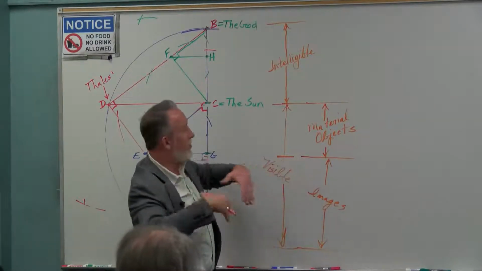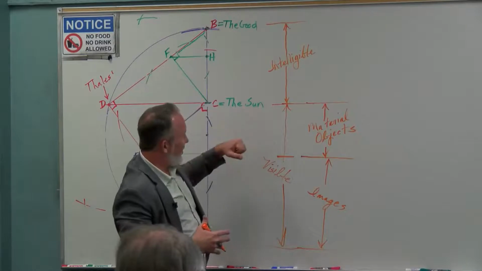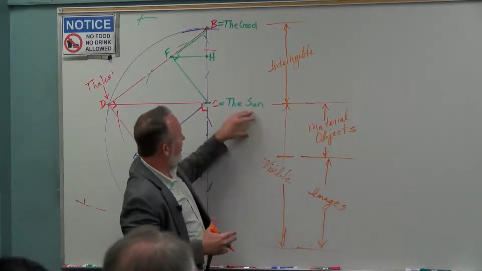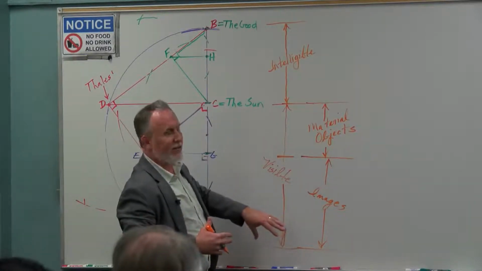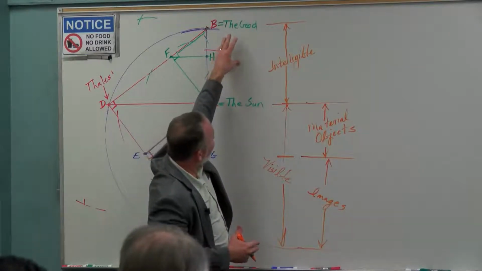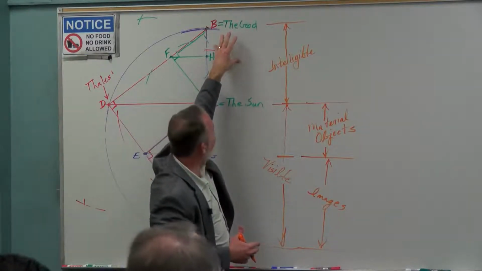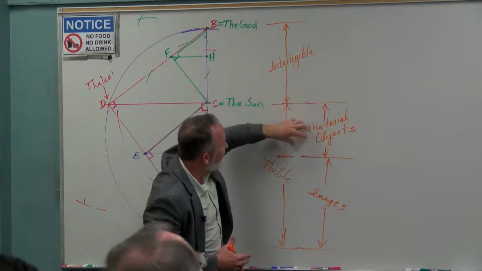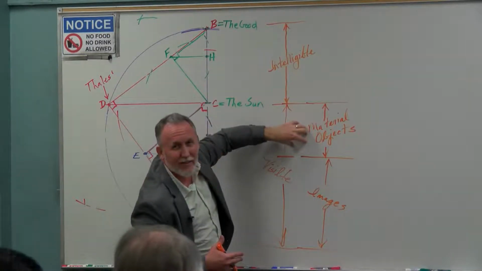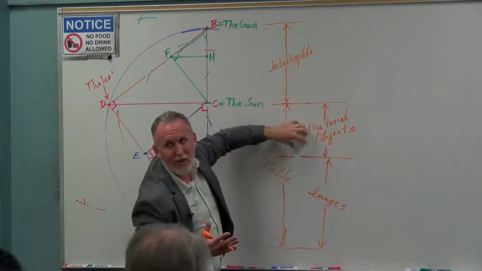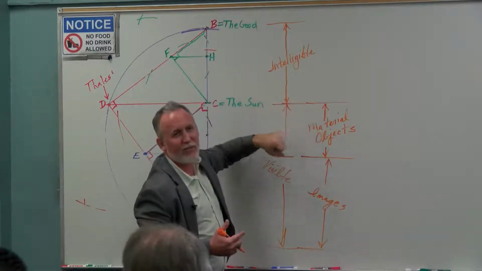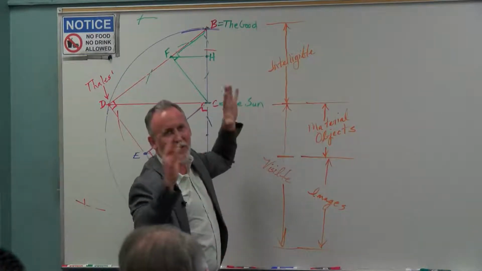All right, so there's this whole idea of this chain of reflection. But then what Socrates is suggesting is that, well, the trees and the mountains are kind of reflections too of something of a higher order.